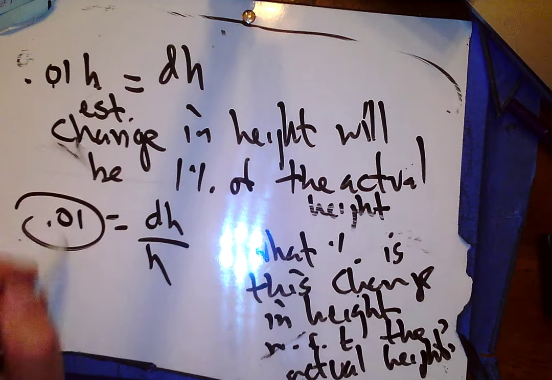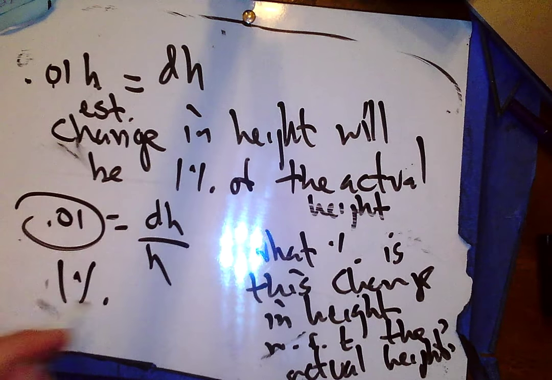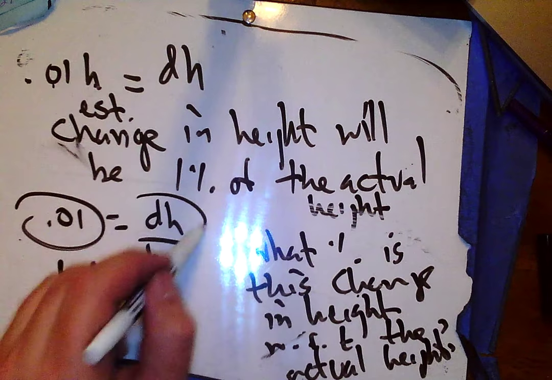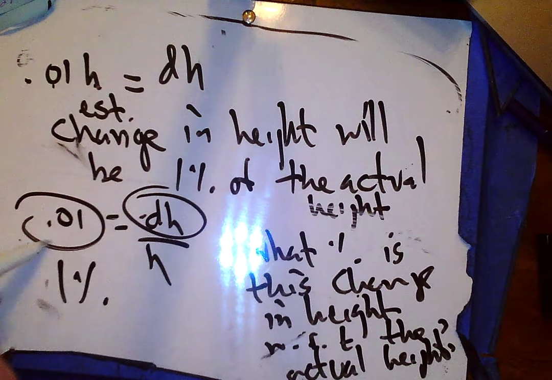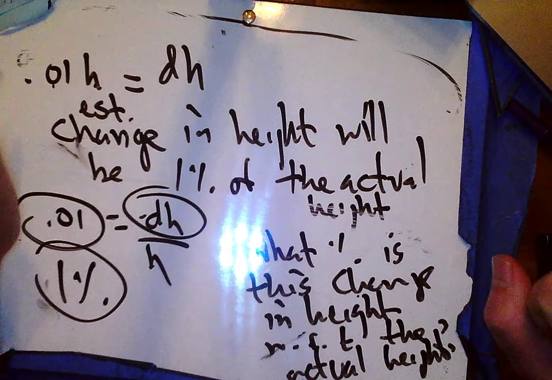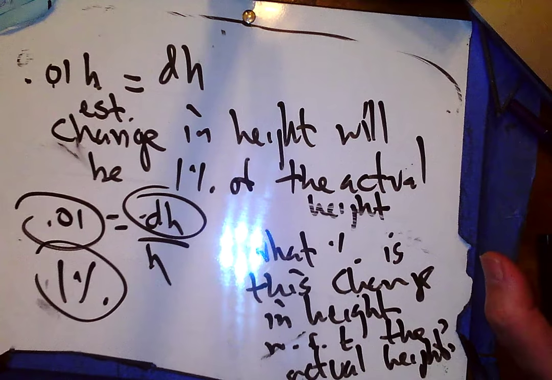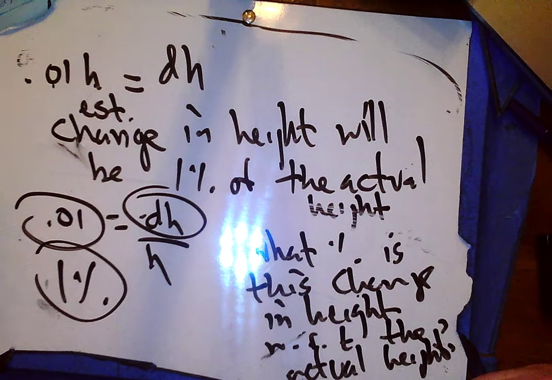Well, it's 1% of the actual height. That's what I'm looking at here, 1%. The error in height is 1% of the actual height when, what was it that we set up originally? We said when volume is within 1% of its actual value, or 0.1%. Ooh, I hope I did that right.